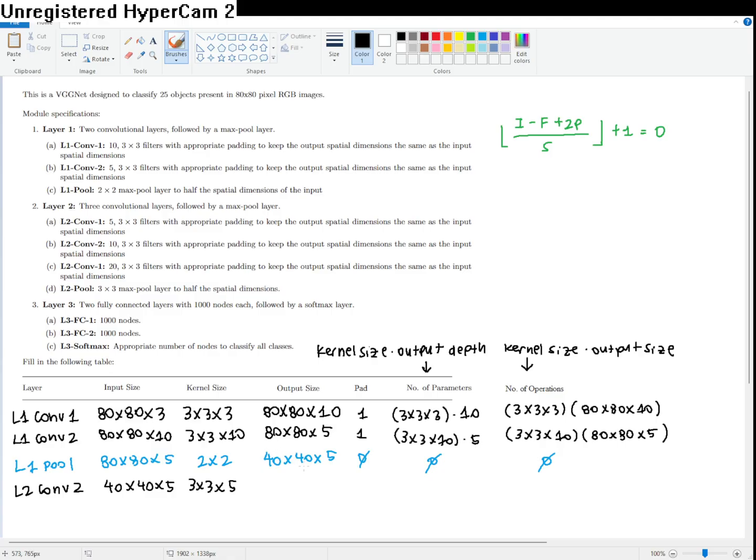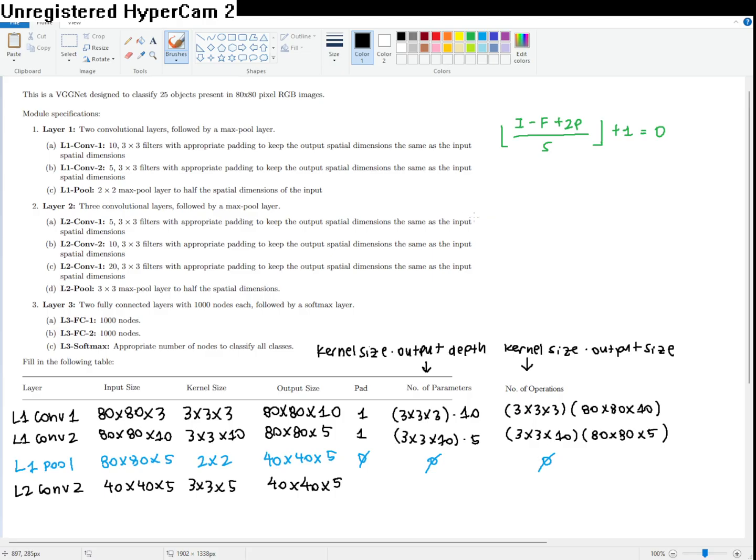Okay, the output size is going to be, again, the same as the input to preserve the spatial dimensions, except with a depth of 5, because there are 5 filters here. Okay, it happens to be the same. These are not the same number. This number comes from this 5, and then this 5 is going to come from here.